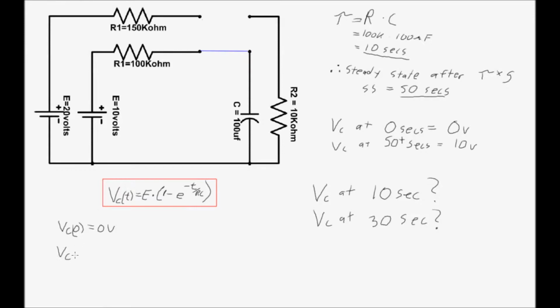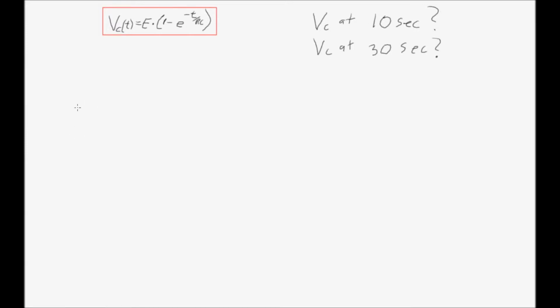And the voltage across the capacitor after 50 seconds, which is the steady state time, is 10 volts. So those were the two conditions we looked at last video. This video is going to look at when it's 10 seconds, VC at 10 seconds equals what, and VC at 30 seconds equals what. Believe it or not, it's as easy as just plugging it into the formula.